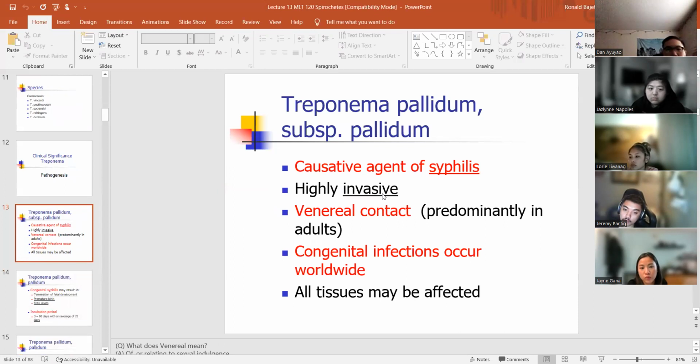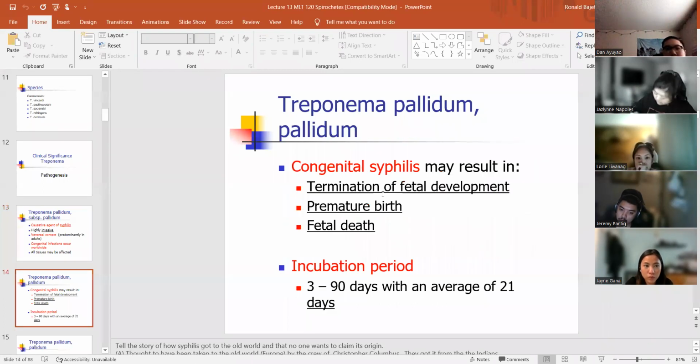Pathogenesis. Treponema pallidum is the one that causes syphilis. It's highly invasive, so once you make skin contact, it's going to penetrate the skin. It's venereal contact, predominantly in adults. You can also get the disease congenitally, passed from mother to newborn or embryo, causing congenital infections, and all tissues may be affected.